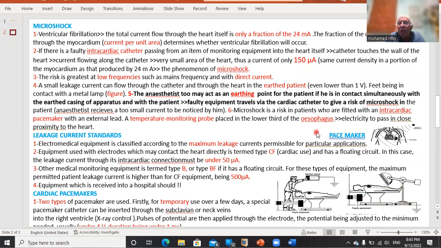You can use a current of 150 microampere inducing ventricular fibrillation, because this electrode or this catheter is touching the heart. So you have a very minimal amount of current which can affect the heart, inducing ventricular fibrillation. So this is how a microshock occurs.